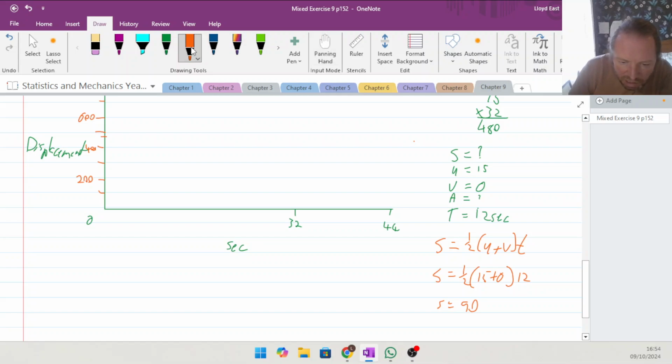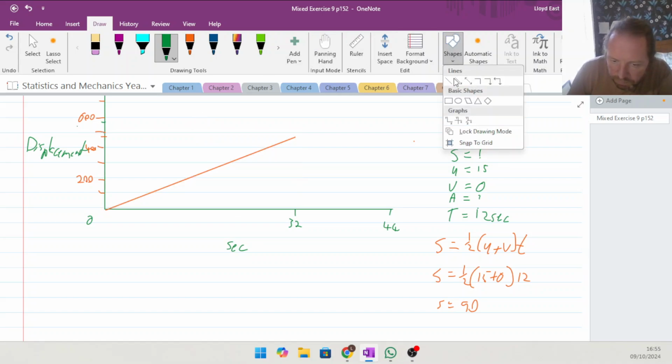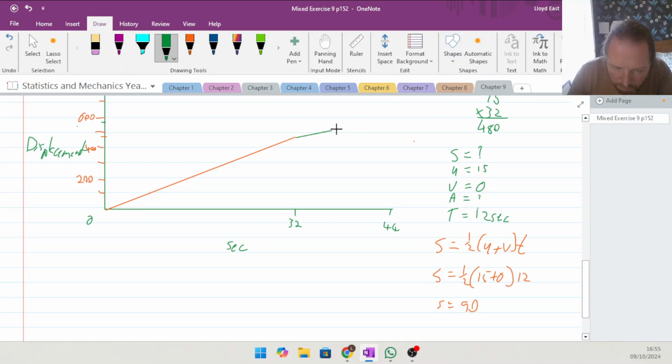So there's my first line. And then my second line is 570, which would be somewhere about there. So it's really just a case of scale. I should probably adjust the 32 and the 44 as well. But anyway, all right, we'll leave it at that.